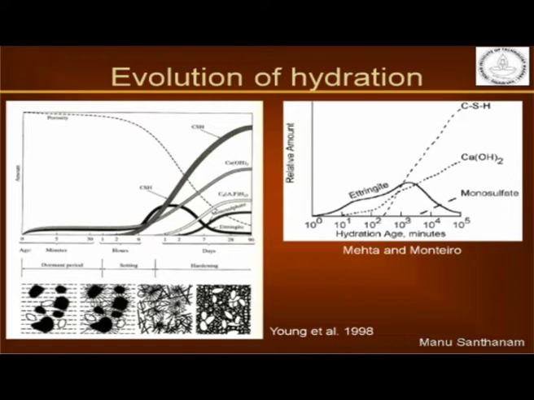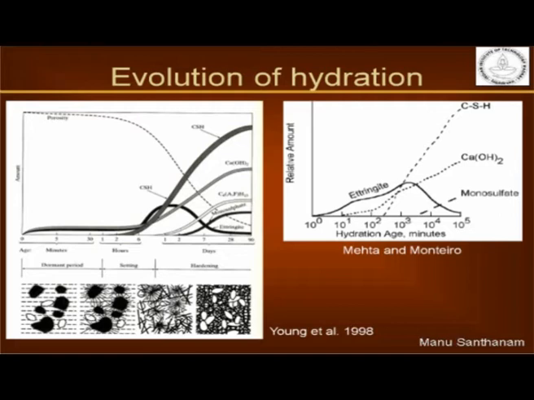As CSH goes up, obviously your calcium hydroxide also has to go up, because that's another product of the hydration of your silicates with water. Ettringite, which is this dark line here, peaks during the setting time, but after the setting time the ettringite is dropping. Why is it dropping? Because it's getting converted to monosulfate.